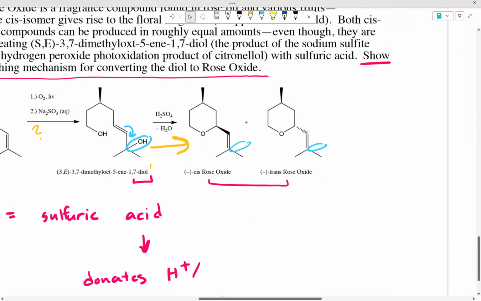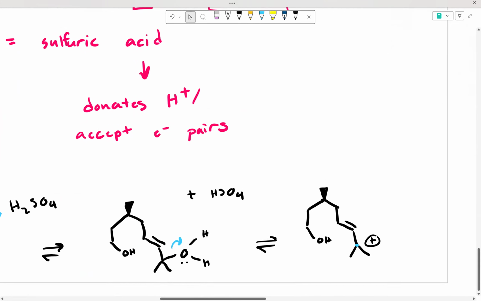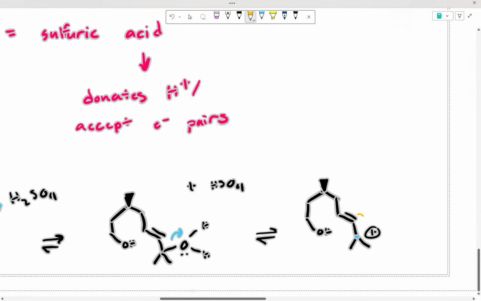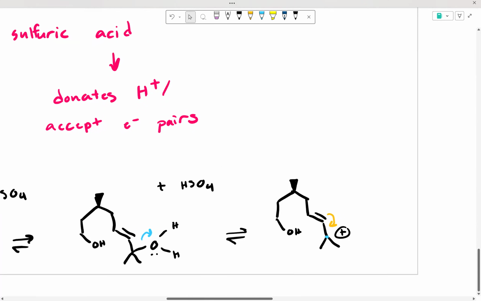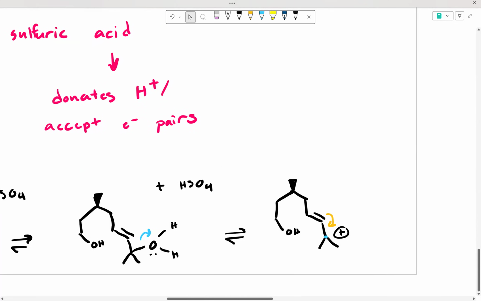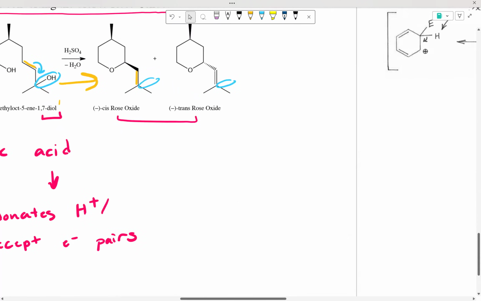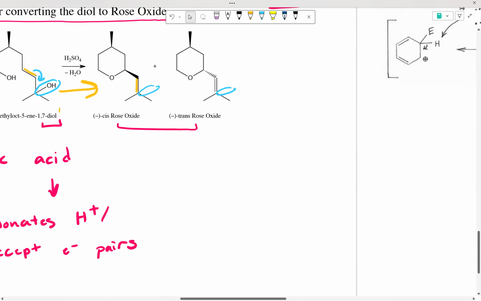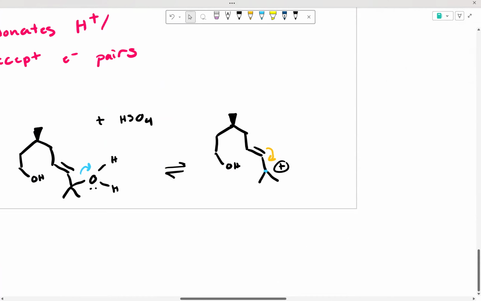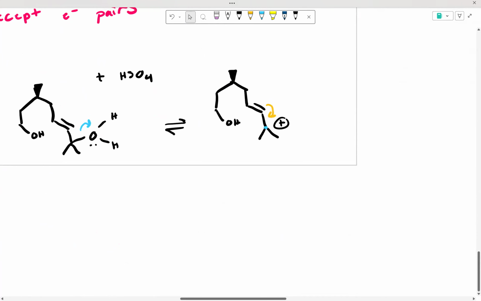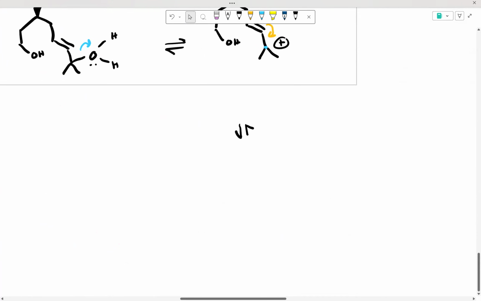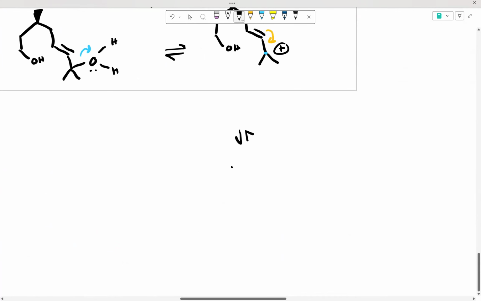Well, we said before that there was a pi bond here, but it seems the pi bond has moved down. So that means that the electrons from the pi bond have moved down to change where it is, to make us closer to our product.